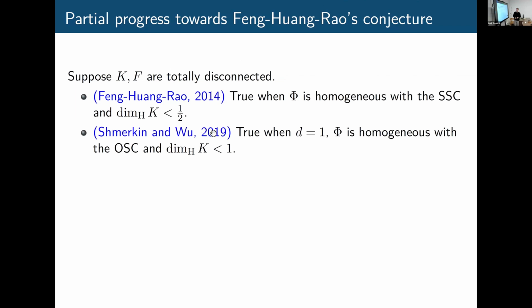In 2019, Pablo Shmerkin and Meng Wu proved independently that the conjecture is true in the one-dimensional case, but they also require the system to be homogeneous with the open set condition. And of course, they should have dimension strictly less than 1.